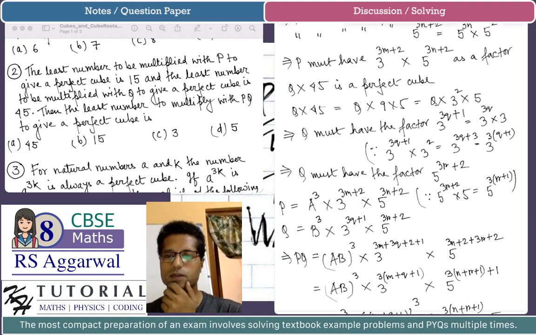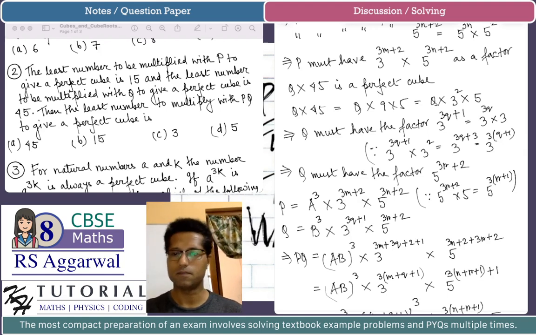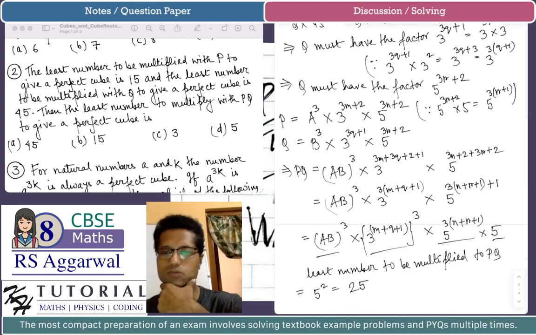So we are getting P is of the form A cube multiplied by 3 to the power 3m plus 2 multiplied by 5 to the power 3n plus 2, and Q must be of the form B cube multiplied by 3 to the power 3q plus 1 and multiplied by 5 to the power 3r plus 2.